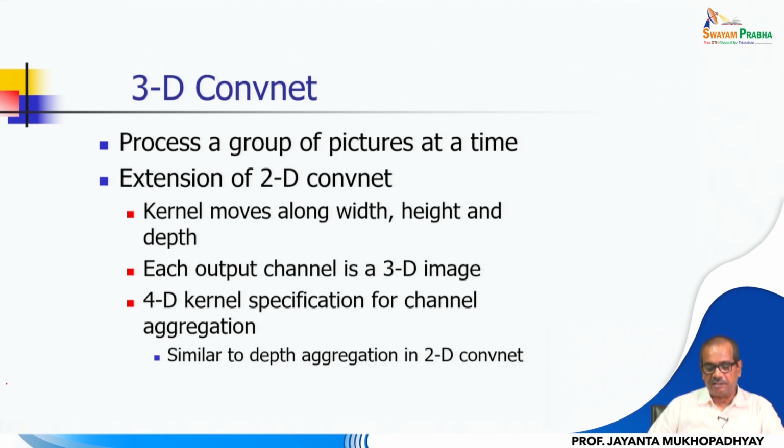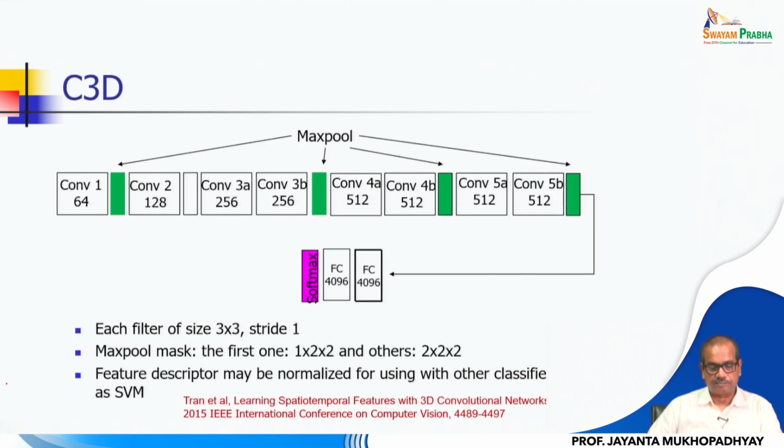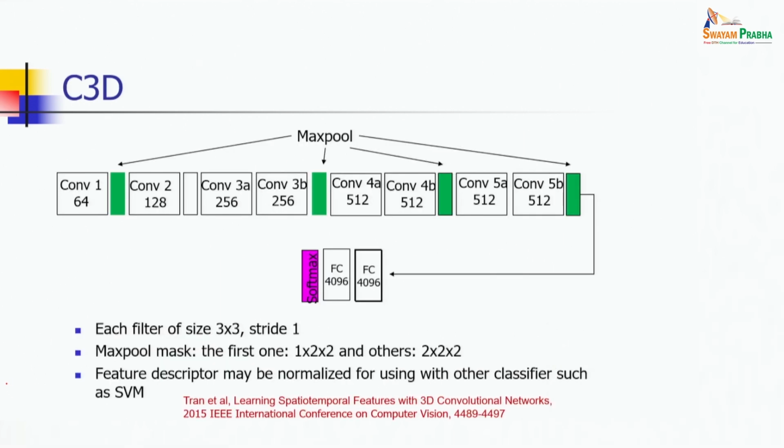Similar to depth aggregation in a 2D convnet, that kind of aggregation can be made here also.